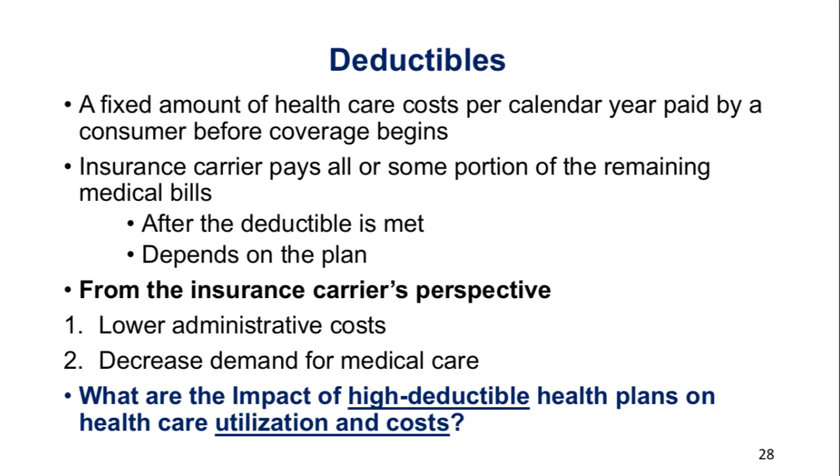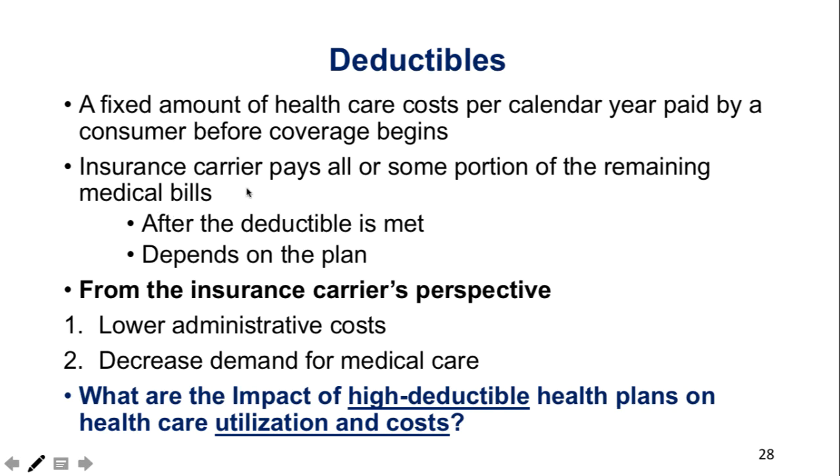Deductibles. The deductible is the third element that impacts the demand for medical care. A deductible is a fixed amount of healthcare costs per calendar year paid by a consumer before coverage begins.